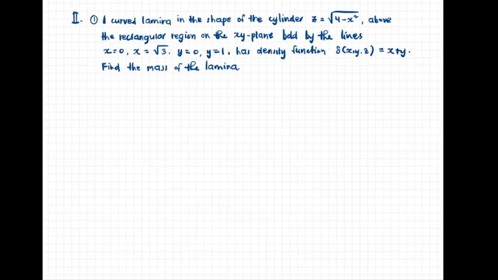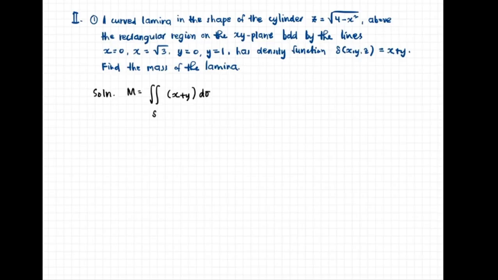So recall that the mass m is equal to the surface integral over the surface S of the density function, so that would be x plus y d sigma. So what's left for our case is to determine which is our surface S for this case.